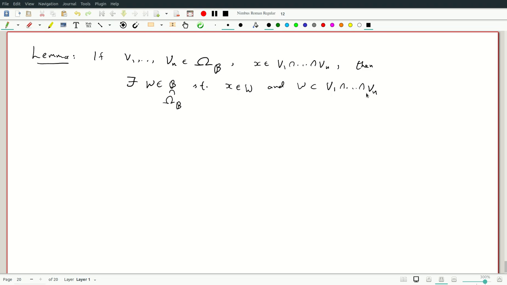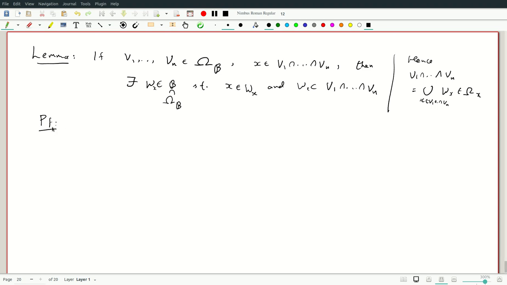So V1 intersection Vn is the union of the sets Wx over x. Hence V1 intersection Vn is the union over x in V1 intersection Vn of Wx, and this is in omega B. So it follows from this result.